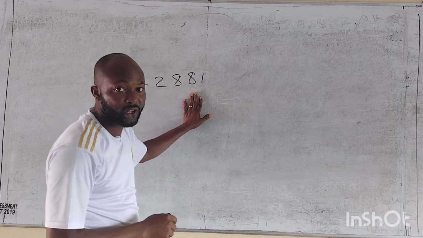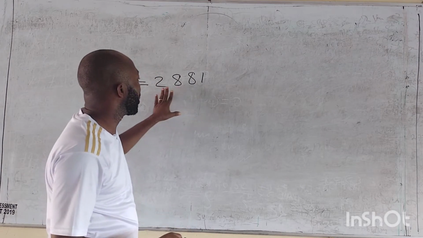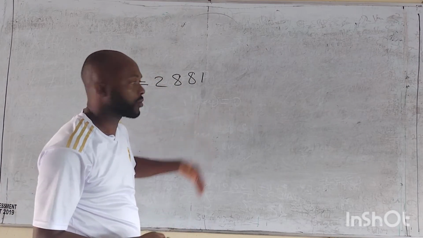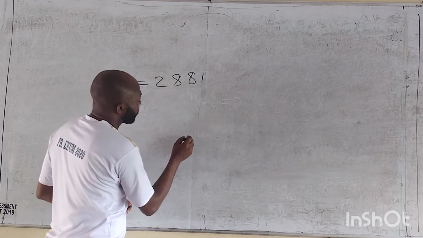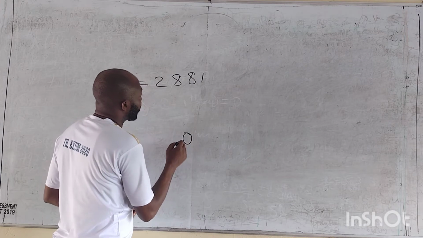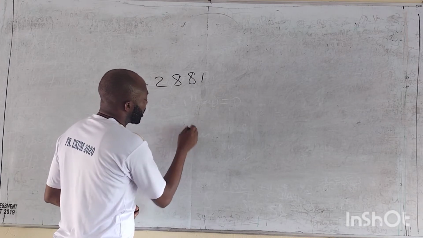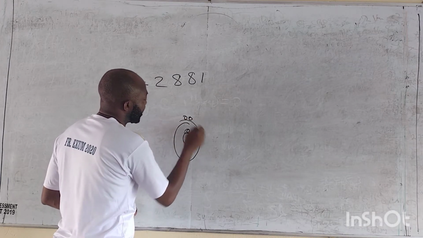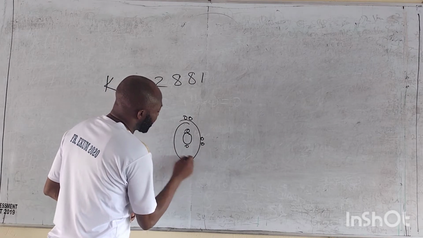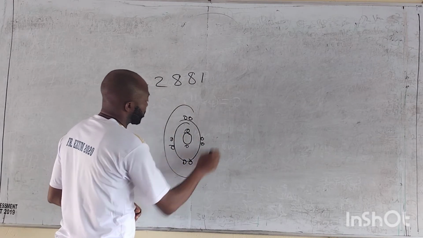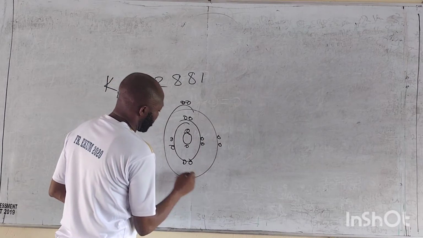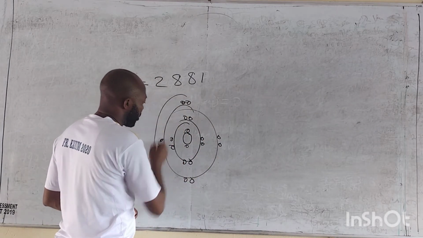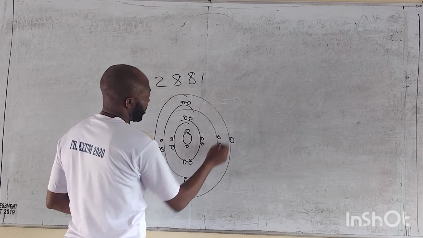This is the old method of determining the electronic configuration of potassium. Which means we can easily say potassium has, in the first shell, 2, in the second shell, 8, in the third shell, 8 again, and in the last shell, 1.